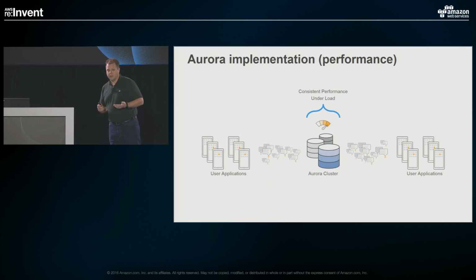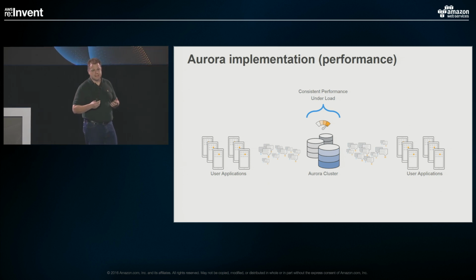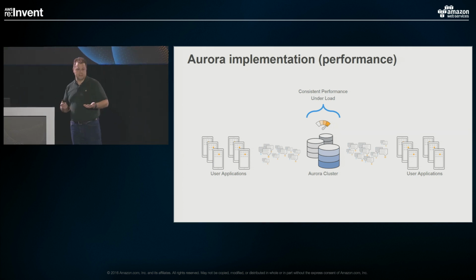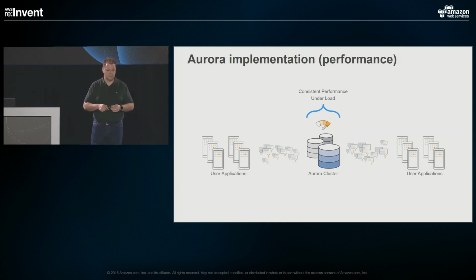Aurora, like Puneet was saying, is designed to handle massive parallel queries. We're talking about hundreds or thousands of active connections and upwards of 500,000 selects per second and 100,000 writes per second. So it can handle what traditionally has fallen under the NoSQL category. One of the nice things about Aurora is that you get consistent performance. You don't have that hot partition issue that you would sometimes have with a NoSQL database.